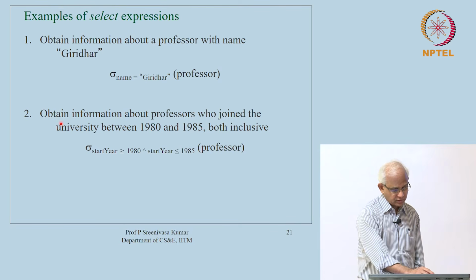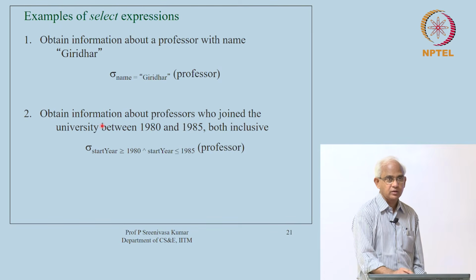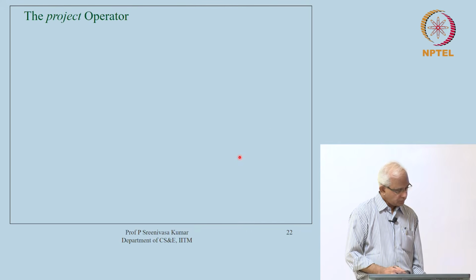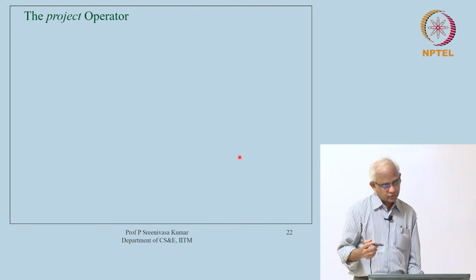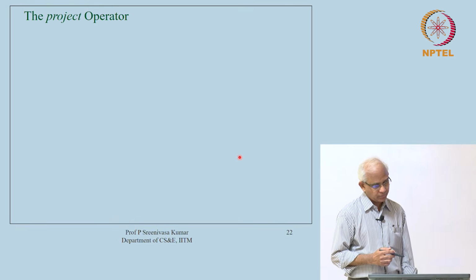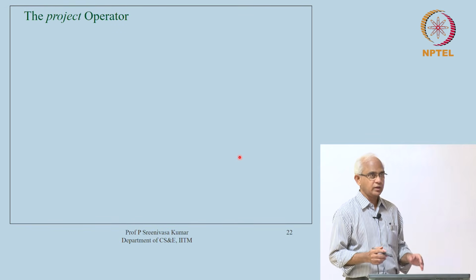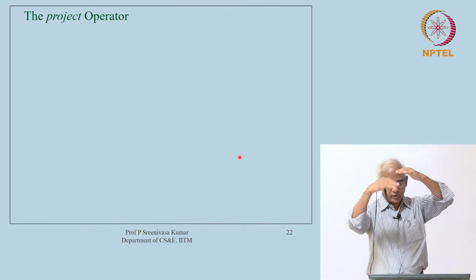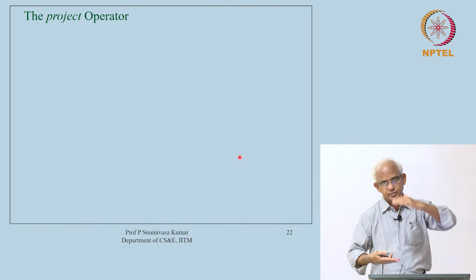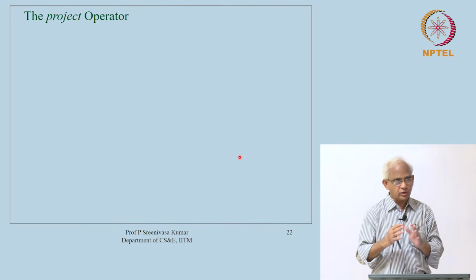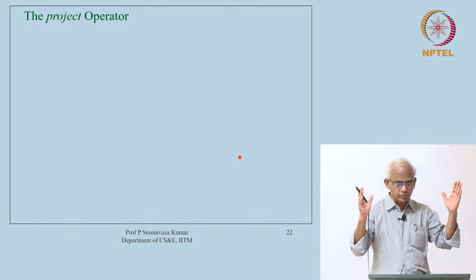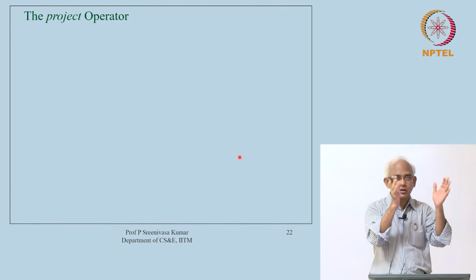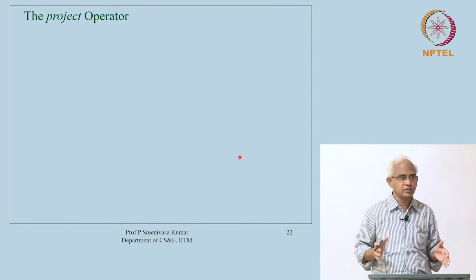So now these are typical data retrieval requests, and we can see that we can express them using this particular operator. So, moving on, let me also introduce the project operator. While the select operator was working on the tuples and choosing a subset of these tuples, what the project operator will do is help you get rid of unwanted columns in a relation.